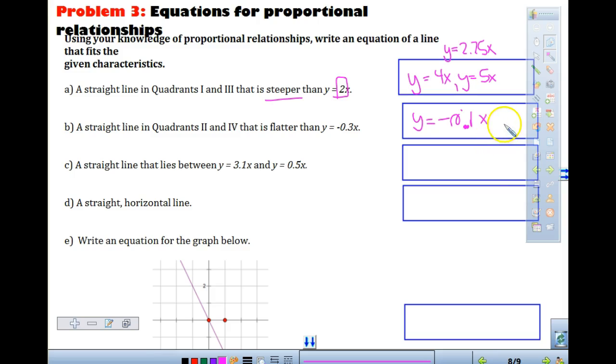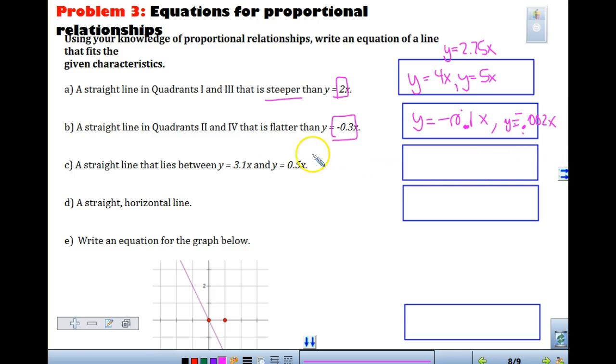Good job. -0.2x. Can I have any number as long as it is less than negative 0.3? Yes, so anything that is less than, so y equals a negative 0.002x, right? That's going to be flatter.